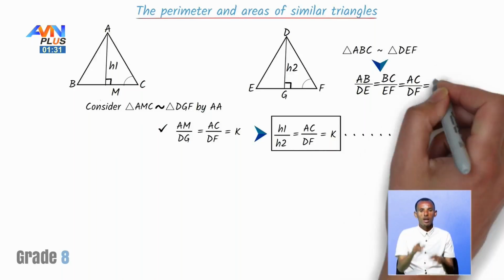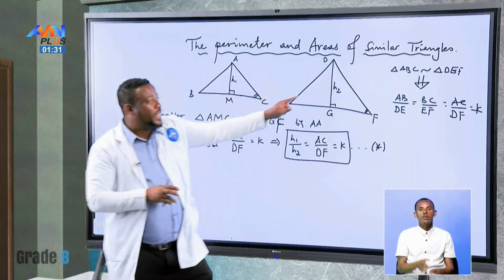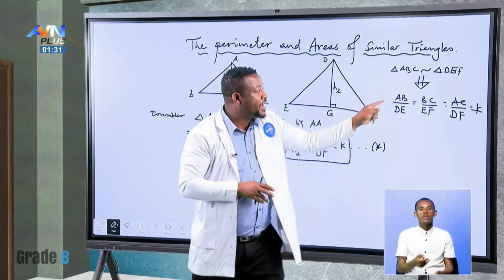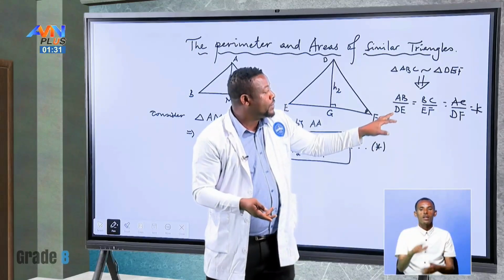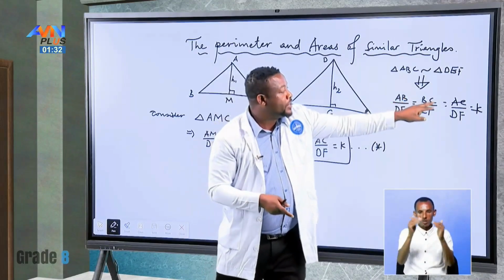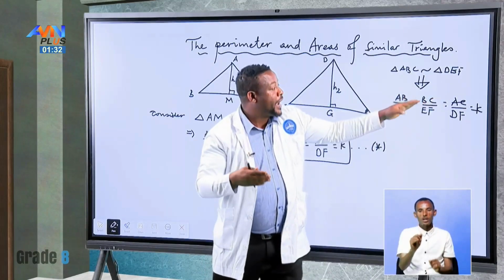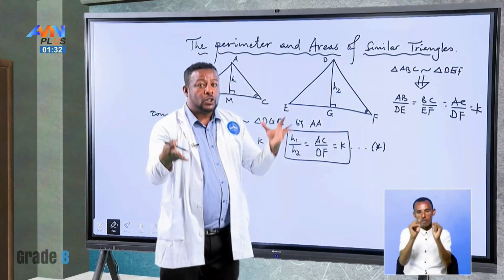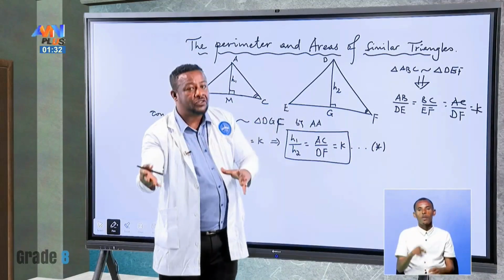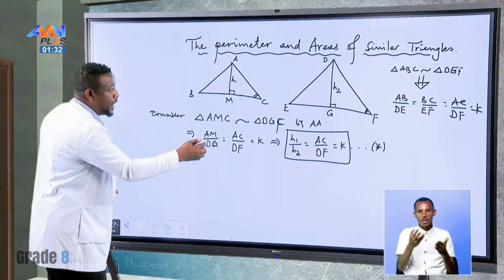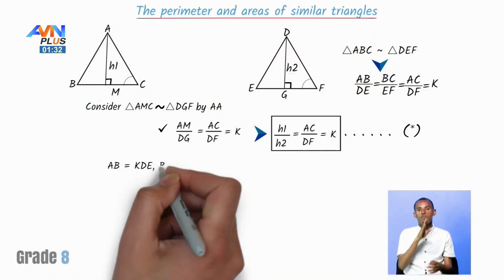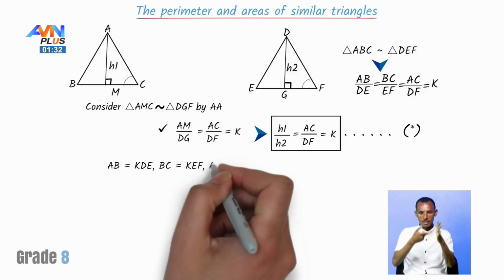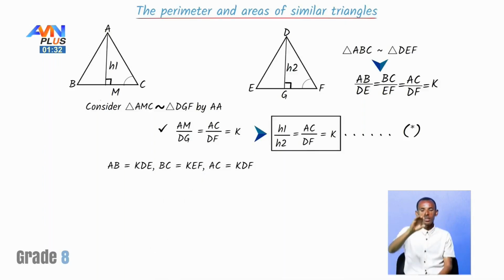So now, from this, let's take each of them and equate with K, okay? Take AB over DE is equal to K, BC over EF is equal to K, AC over DF is equal to K. So whenever you take all these three things, you will derive that AB becomes K times DE.